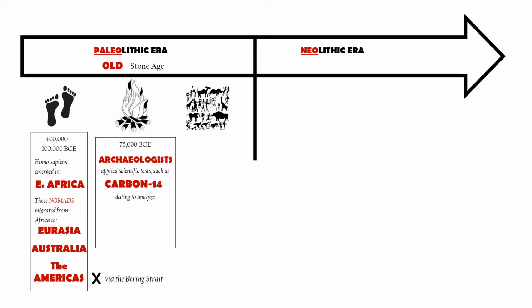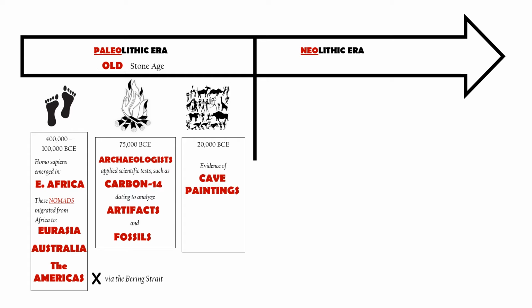So again, this method was used to analyze artifacts, which are man-made items, usually of historical significance, and fossils, those preserved remains. By about 20,000 BCE, there is evidence of cave paintings, and of course, many simple tools left behind, mostly made of stone and bone. So this is a little glimpse into the Paleolithic era.